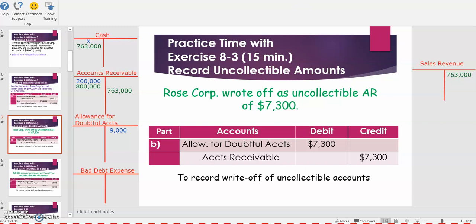And so the company is also going to just look at their accounts receivable balance at the end of the accounting period, and they're going to assess what amount they expect their customers not to pay. So this is the journal entry for the write-off, which is using the estimate that was developed in the prior period of $9,000. Okay, so we're going to reduce this $9,000 estimate because we have some customers in the current period that are telling us that they're not going to be able to pay.